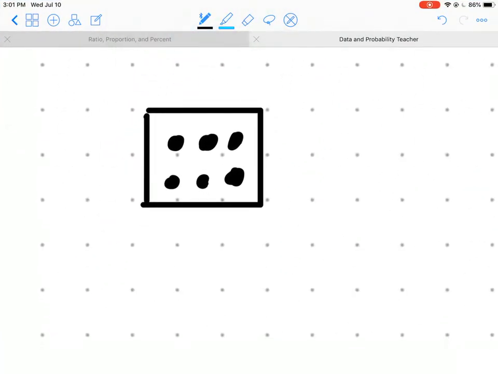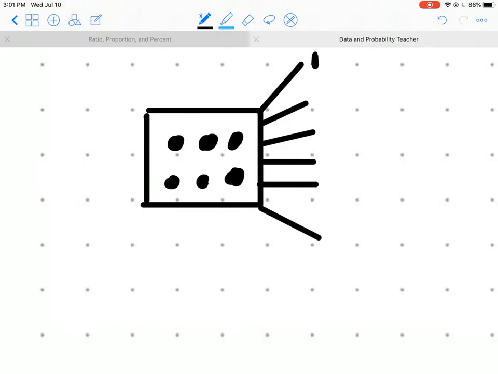And then finally on this last one, 1, 2, 3, 4, 5, 6. So if the first die gives me 6, what would I need on the second roll to make the 7? Well, 6 plus 1 is 7.